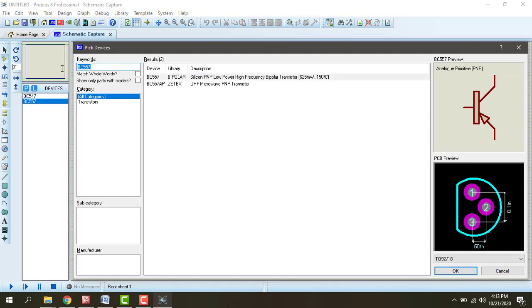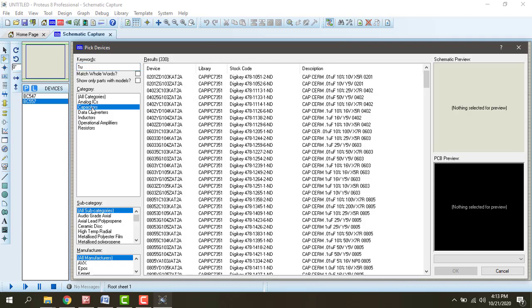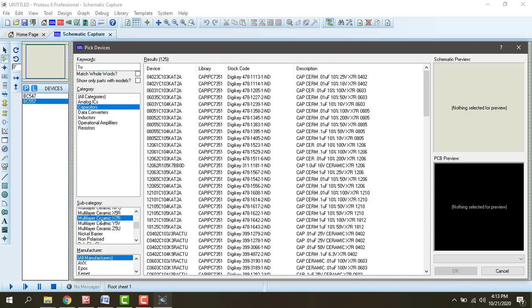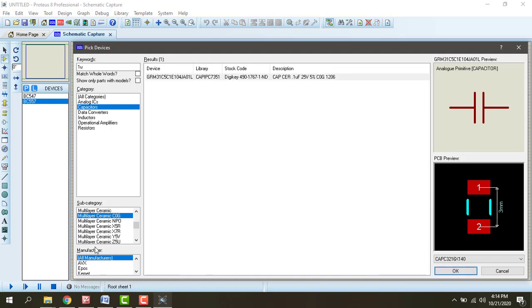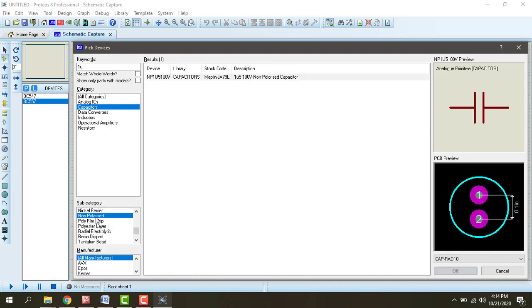Then my input as well as output coupling capacitors are 1 microfarad, 1 uF capacitors. Here I choose non-polarized.